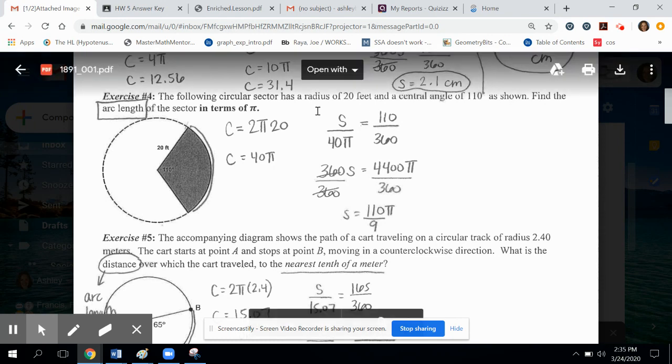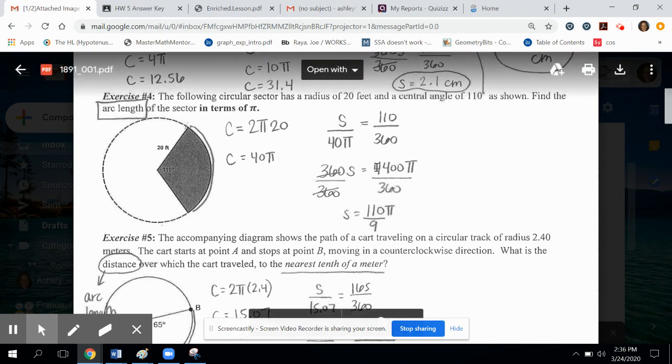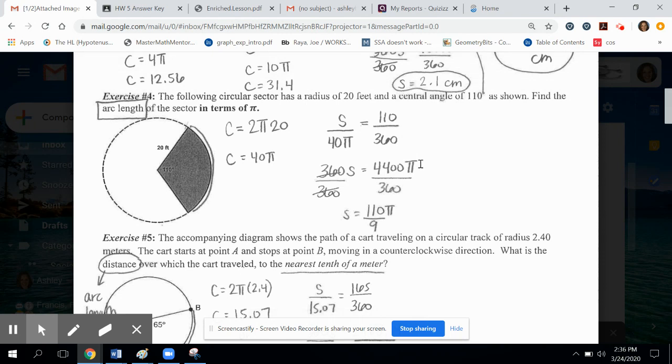And because it says in terms of pi, this is the trick I would say would be helpful. You should have pi in the end. Pi better be there in the end. Okay, at this point in your knowledge of this. So you could say, okay, when I cross multiply, I'm going to leave pi out of the mix for a second. Just do 40 times 110, which is 4,400, then put the pi next to it.